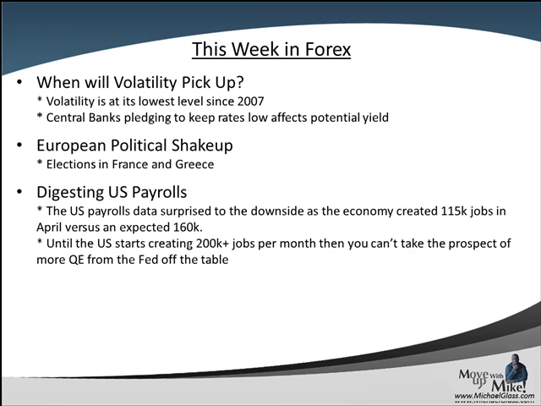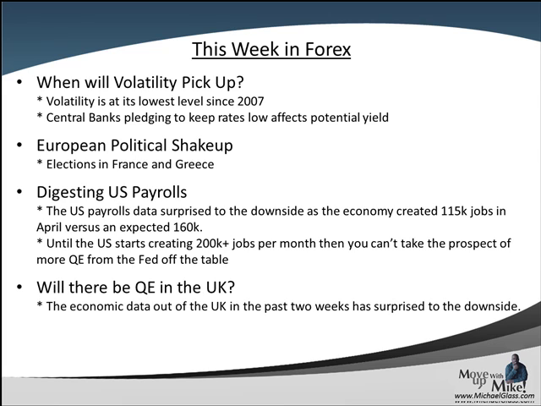We had our payroll data here this week. The numbers came in lower than expected. And of course, until we have consistent job growth above 200K, quantitative easing in the States is still on the table. But what about quantitative easing in the UK? For the past 2 weeks, for the most part, the data in the UK has been to the downside.